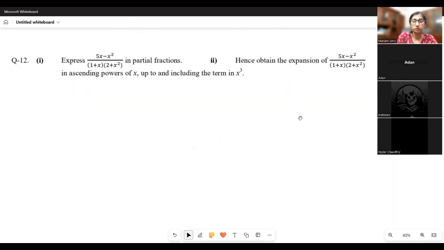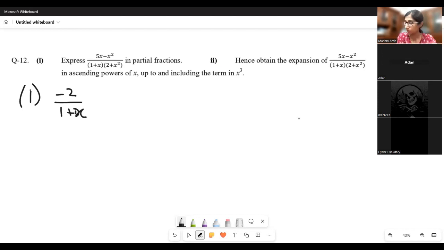Part 1 is partial fractions, which we've already done in the previous chapter. So I'm just copying the answer for question 12, which is minus 2 over 1 plus x plus 4 over 2 plus x squared.